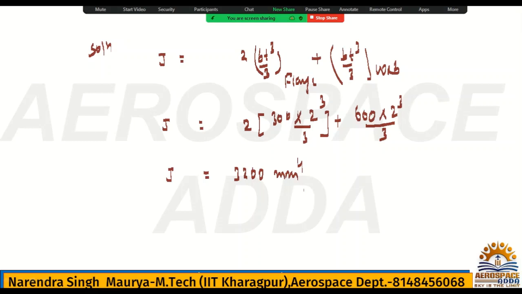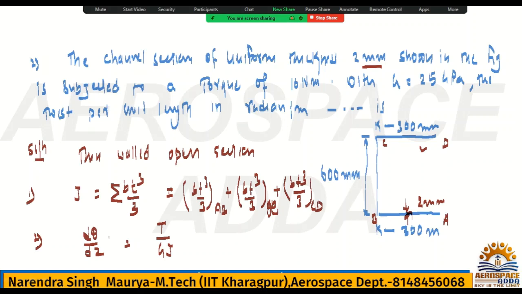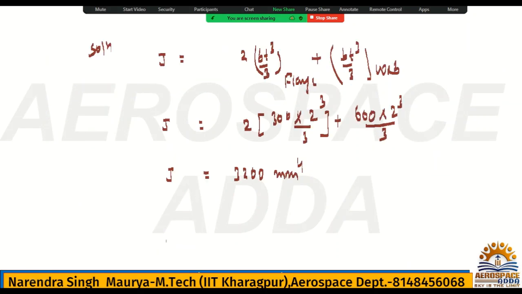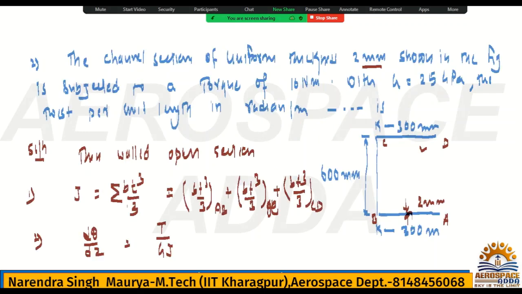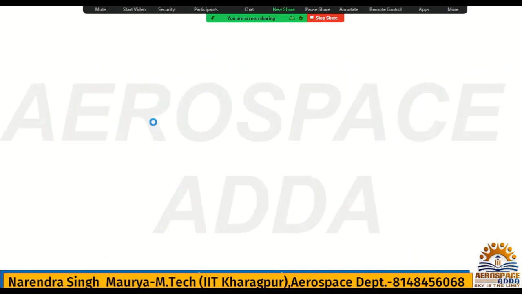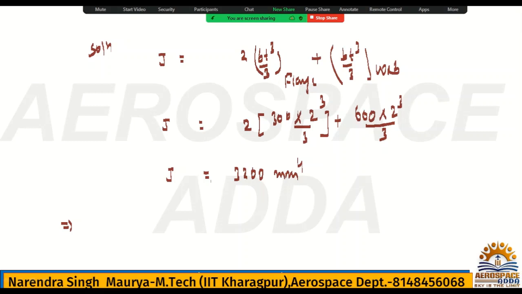Now for the angle of twist, d theta by dz equals T divided by G J. They asked for twist per unit length in radian per meter, so we'll convert it later.